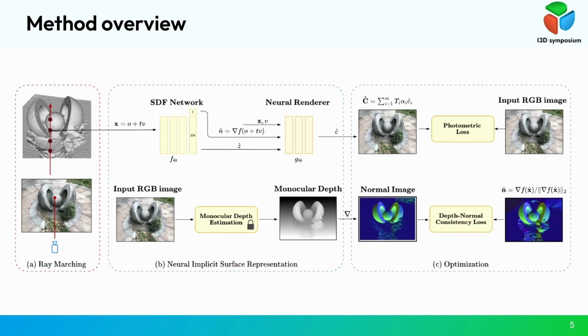We treat this normal image as the approximate ground truth. Then finally, we estimate the normal map by taking the gradient of the signed distance function at the particular surface point, which acts as our estimated normal image, and we compute the loss between the pseudo ground truth normal image and the estimated normal map.